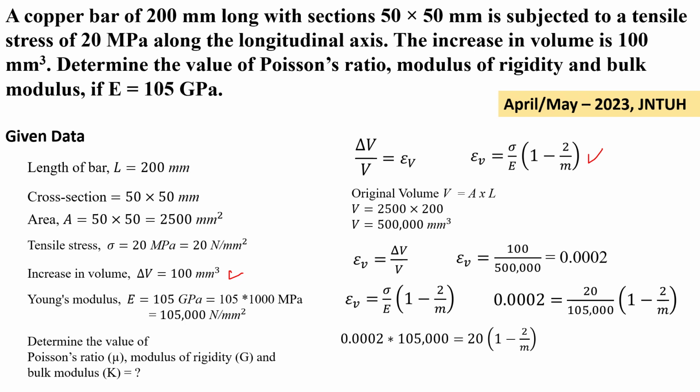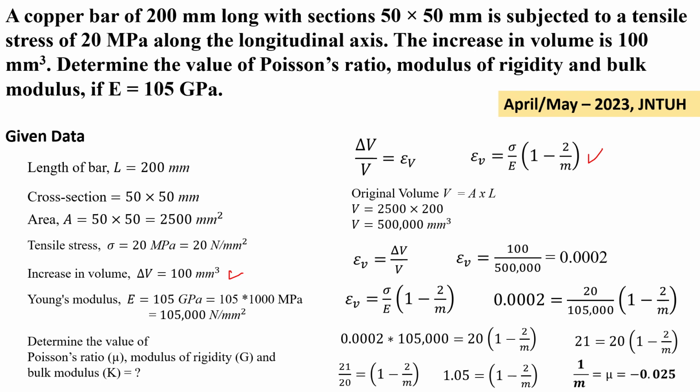This can be written as 0.0002 into 105,000 equal to 20 into 1 minus 2 by m. So 21 by 20 equals 1 minus 2 by m. From this we get 1 by m, that is the mu value, as minus 0.025. So the Poisson ratio mu, or 1 by m, is minus 0.025.